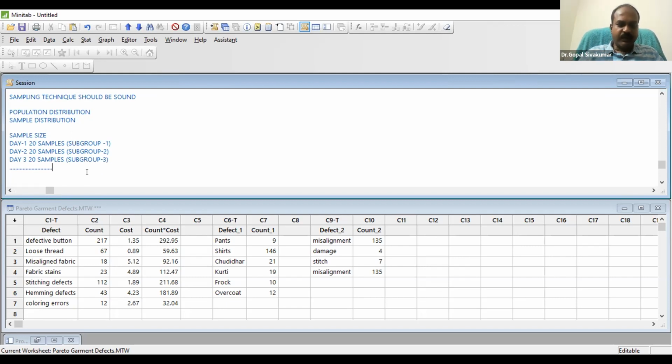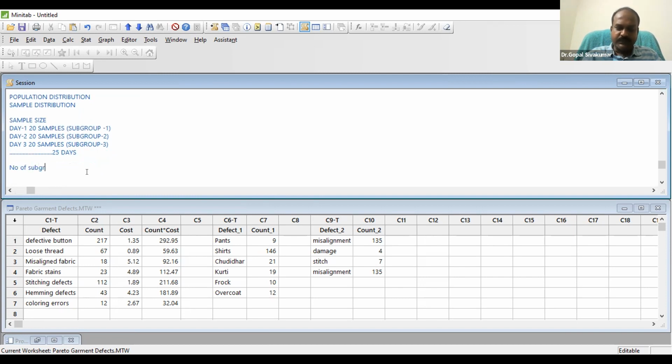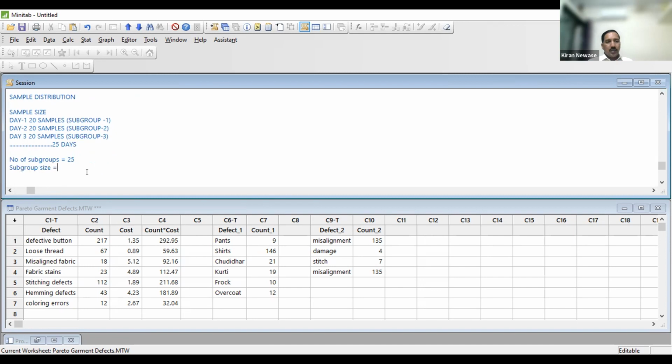Let us say 25 days. Now, how many subgroups do you have? The number of subgroups is 25. And inside every subgroup, how many data points do you have? 20. That is called the subgroup size.